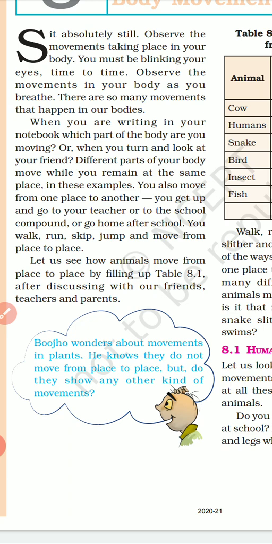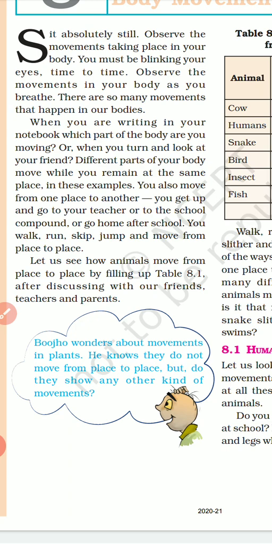Now let us see how animals move from place to place by filling up the table 8.1 after discussing with our friends, teachers and parents. Now Bujo wondered about movements in plants.